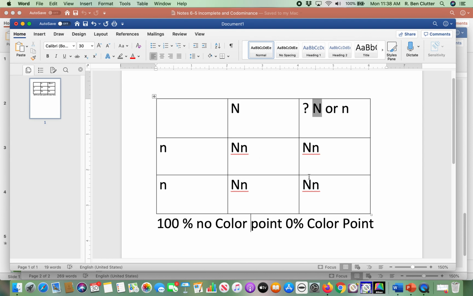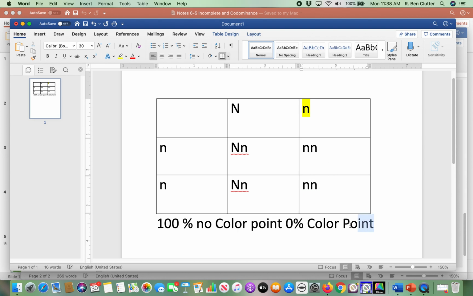So notice they're all normal is what we're going to call it maybe. Now, what if we go with this one instead? What if we have the lowercase n? All right. Well, now this is going to change our Punnett, and how's it going to change it?